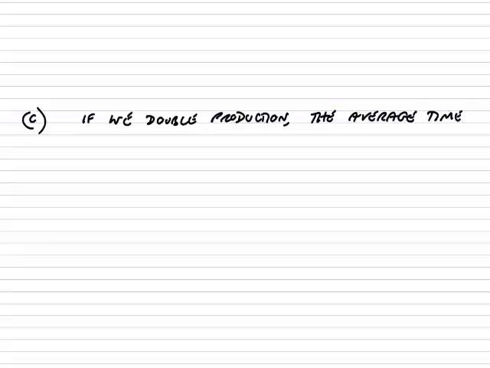Well, remember how learning works, that although in Part B we had to use the formula with no choice, the basic learning rule, and there'd be 1 mark for stating this, is that if we double the production, the average time per unit falls to a fixed percentage of the previous average time.